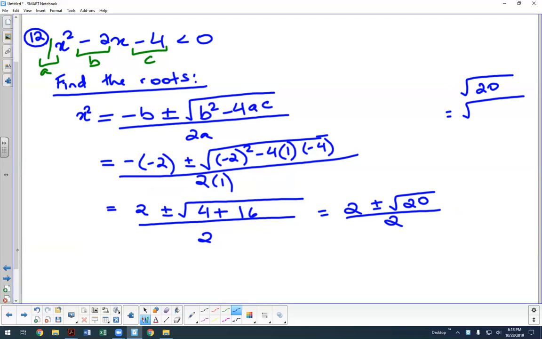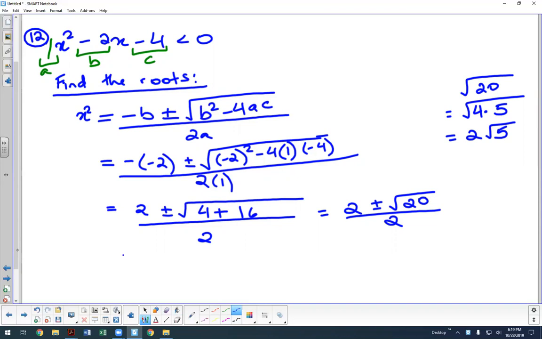So you want to see which one of those has a perfect square. And that's again 4 times 5, because square root of 4 can come outside as 2. 5 cannot be broken down anymore, so that'll stay as square root of 5.